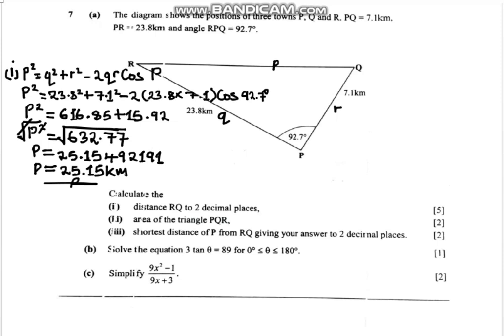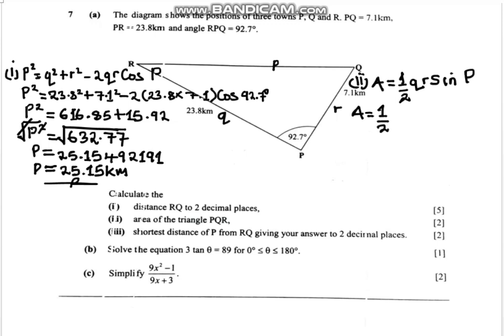So now going to the next part, calculate the area of the triangle PQR. For this part, we're going to use the formula. Roman numeral 2, area is equal to 1 over 2 times, in this case we're going to use q and r as our sides for this formula, then sine P. So the angle we're using is angle P. Then the next stage, we just have to substitute here.